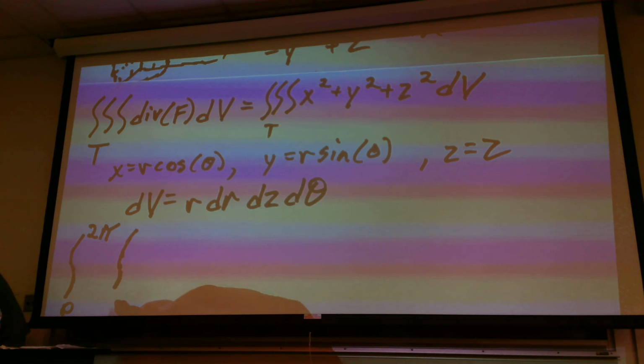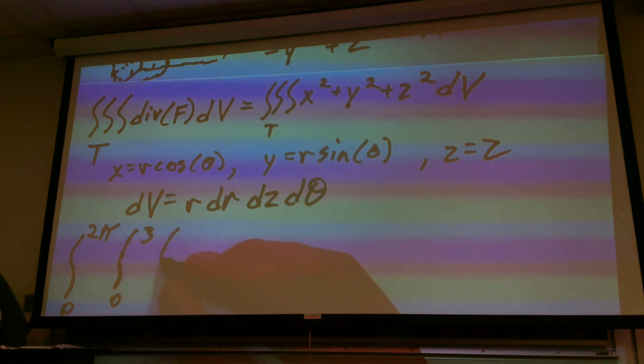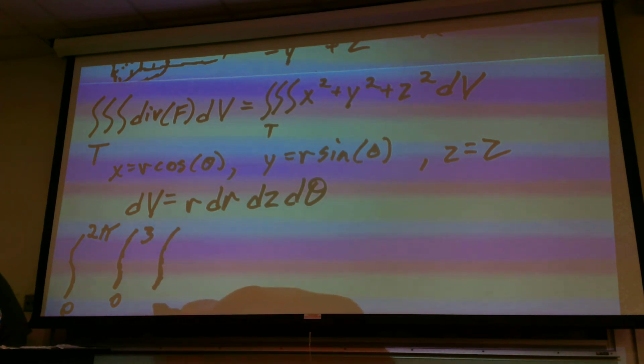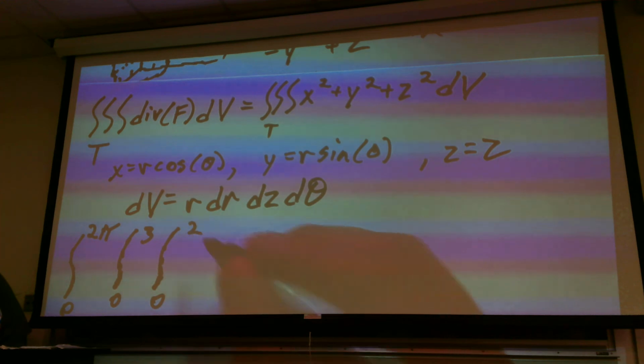Now my dz would go from 0 to 3, and my radius, which is the innermost term, would go from 0 to 2.